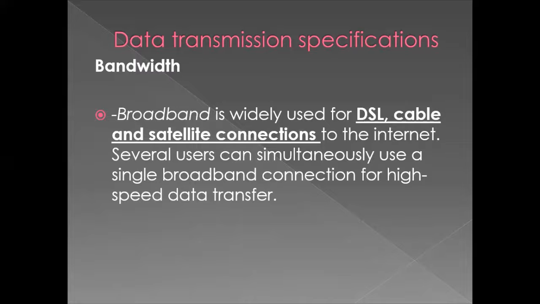So you can use just one broadband connection, and many people can use it, just like the router that you people have. One router at home, and 4, 5 of you can connect to that router and connect to the internet, and whatever you access on the internet goes through the satellite, right?